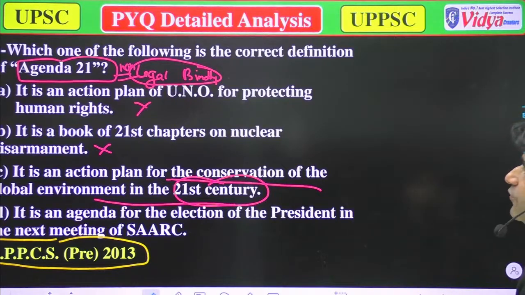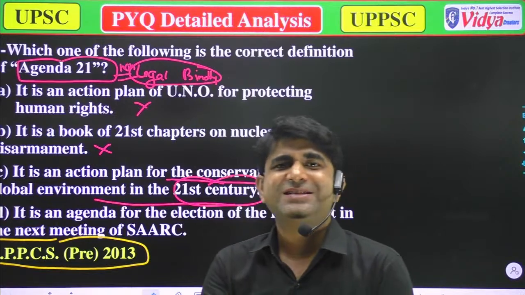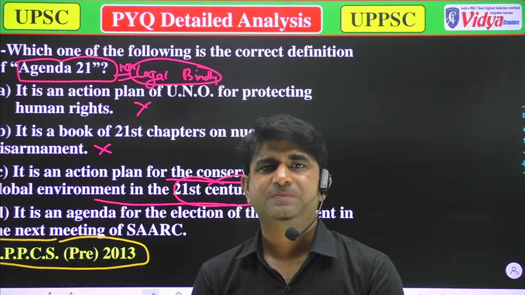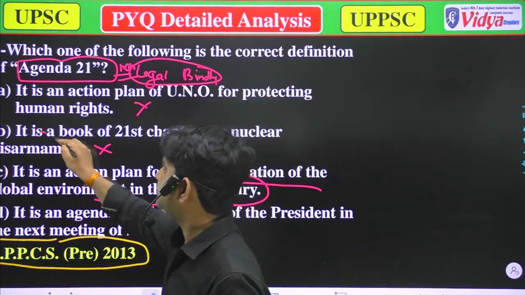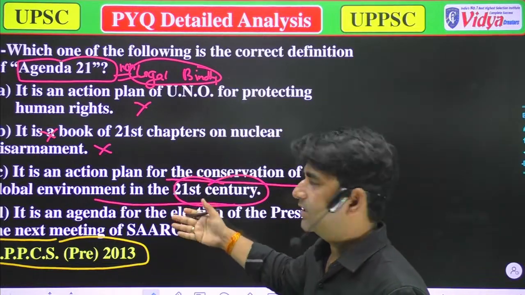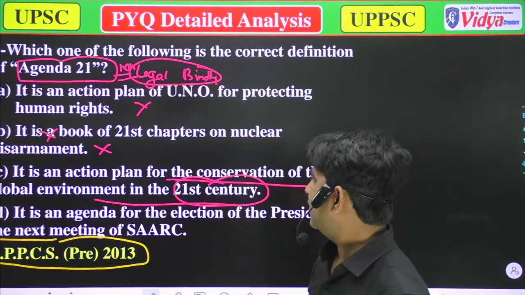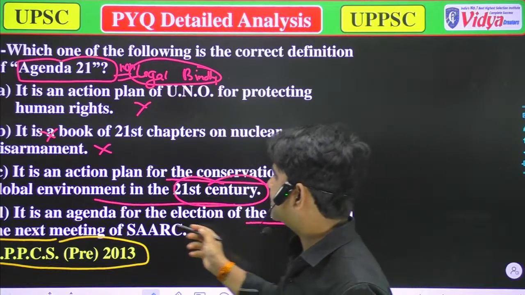Then, a book of 21 chapters on nuclear disarmament. Try to recall, is it possible that there will be a question for a chapter? No, it's impossible, so it's also not correct. Third is correct. Fourth: it's an agenda for the election of president for the next meeting of SARC.